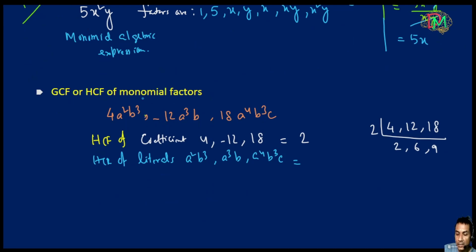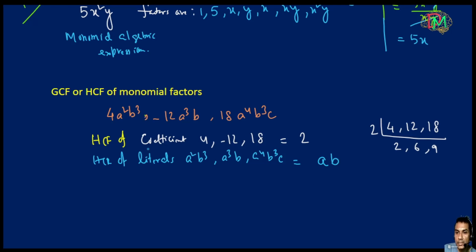The common factors are only a and b. The literals, the variables, only a and b are common to the three, because the third expression has c, but the first and second expressions don't have any c. So the common variables are only a and b.